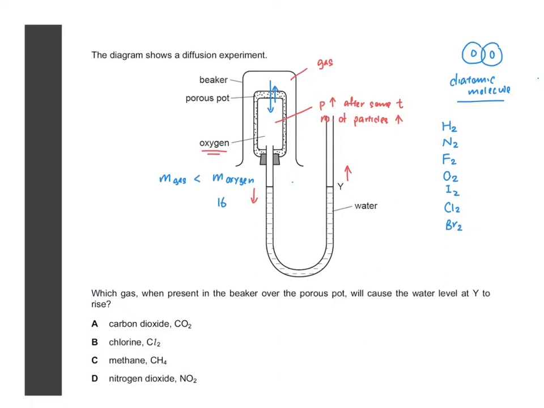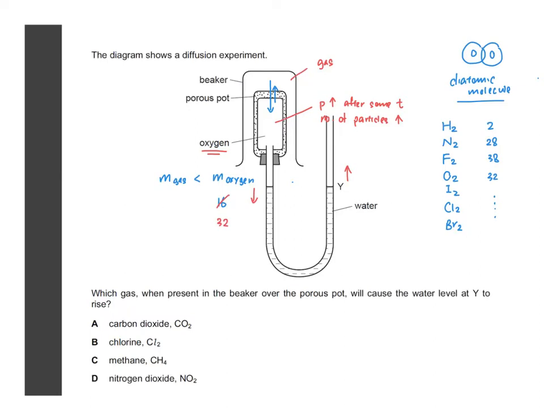When we compute the mass of these diatomic molecules, we have to bear in mind that there are two atoms of the element in each molecule. So the mass of hydrogen is not 1 but 2. The mass of nitrogen is not 14 but 28. The mass of fluorine is 38 and not 19, and so on. So the mass of oxygen is not 16 but 32.